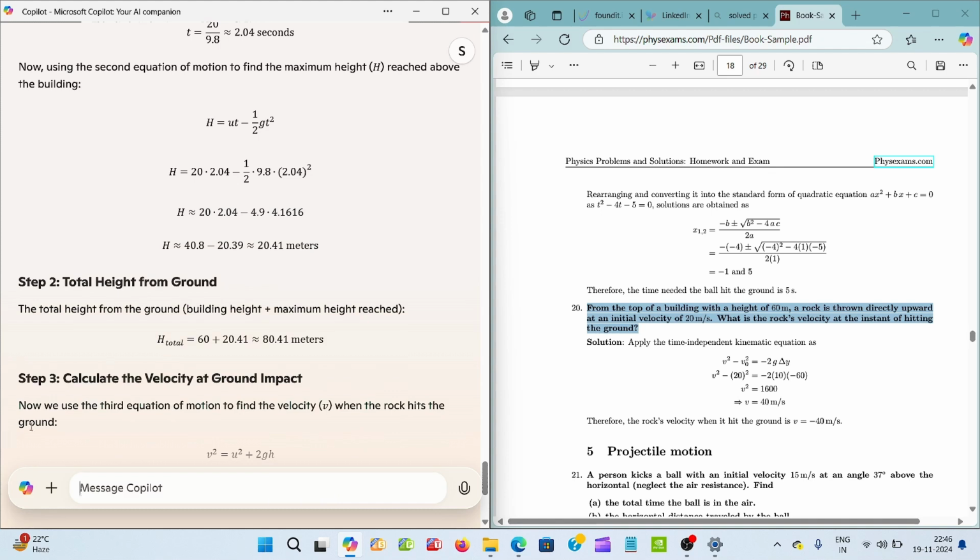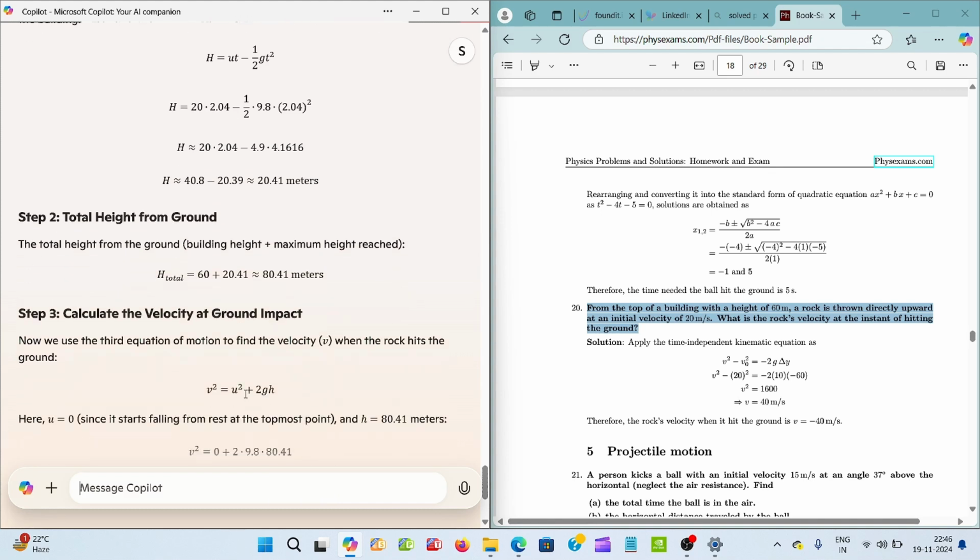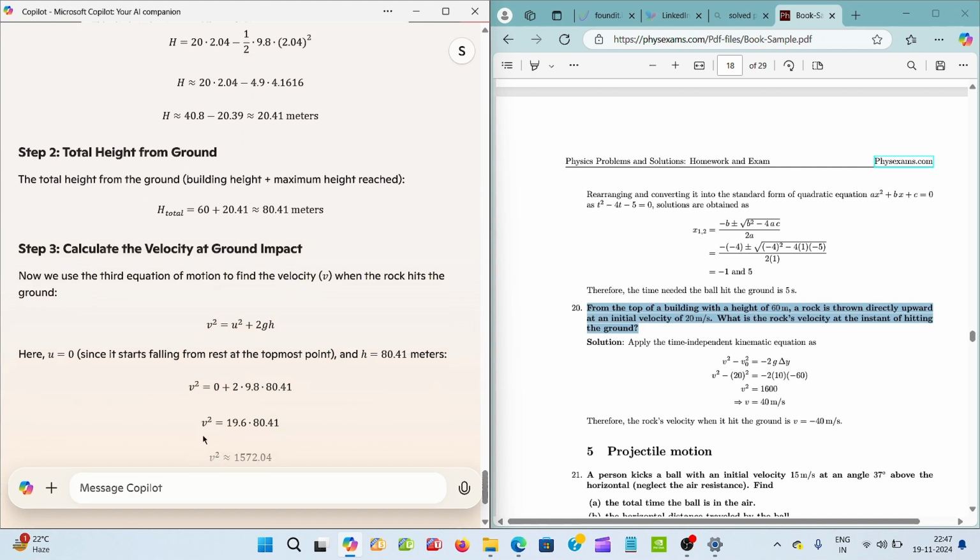Now calculate the velocity at the ground impact. v squared is equal to u squared plus 2gh. Here u is equal to 0 because it starts falling from rest at the topmost point, and h is 80.41 meters. So v squared is 0 plus 2 into 9.8 into 80.41, so v squared is 19.6 into 80.41, which is 1572.04.